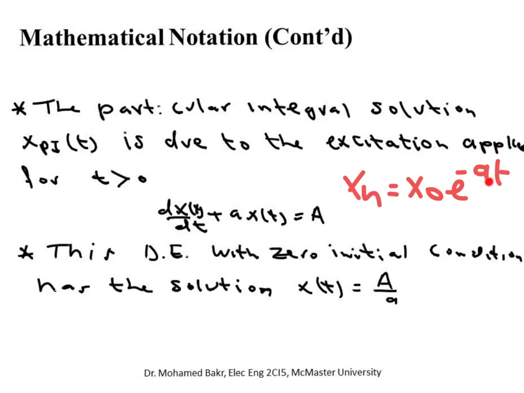You can't apply boundary condition at time t equal to minus infinity because this term will be infinity, which is not physical. Okay, so this expression assumes that you put the initial condition at time t equal to 0. I call it boundary, but it's the initial condition. Okay, this is very important later when we start to discuss multiple solutions with multiple stages, as I will show you later.